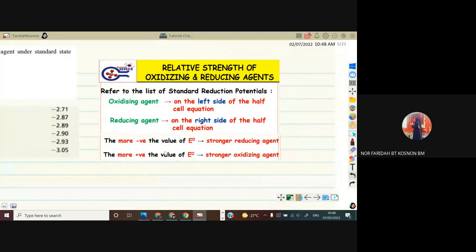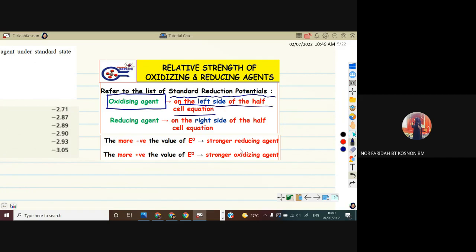Okey, jadinya sekarang soalan tu tadi, kalau you tengok soalan tu tak berikan apa-apa nilai. So kita kena carilah daripada table. So sekarang ni macam mana kita nak tengok table tu tadi dan pastikan, nak jawab soalan tu, adakah iron 3 plus boleh jadi oxidizing agent untuk oxidize I minus to iodine. Jadi yang pertama sekali, oxidizing agent tu dalam standard reduction potential table tu, you nak refer sebelah mana? Oxidizing agent, you have to refer on the left side of the half cell equation.